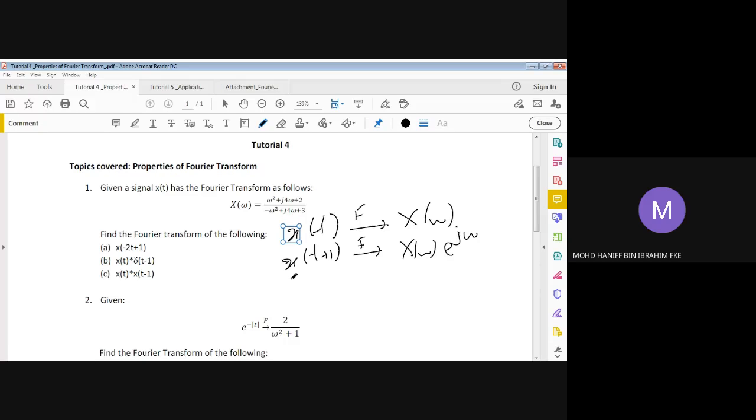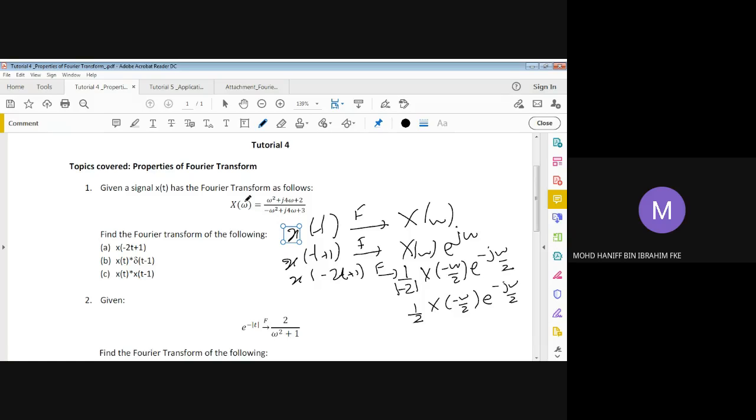And then we have a time scaling of negative 2. The transform for this will be equal to 1 over 2, modulus. And this will give us negative omega divided by 2, exponential of negative j omega divided by 2. So basically the answer will be 1 over 2, X of negative omega divided by 2, exponential negative j omega divided by 2.